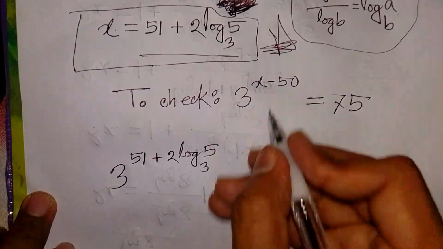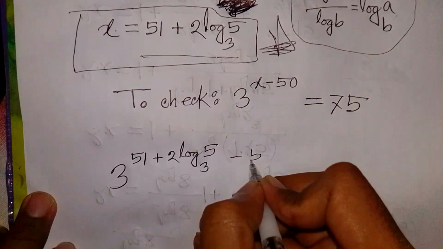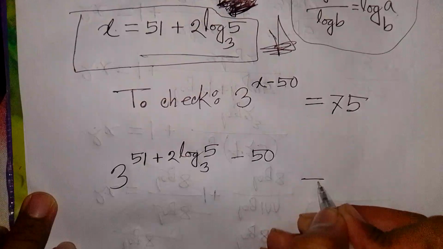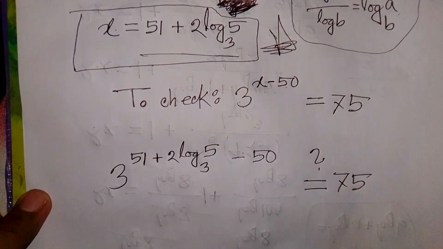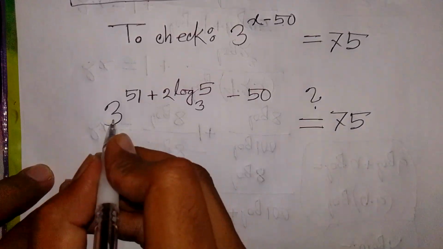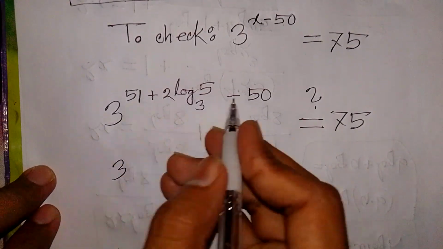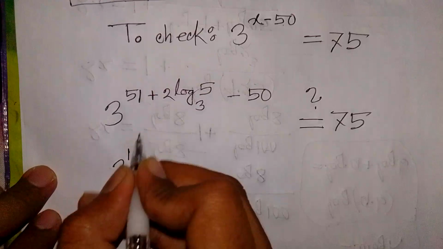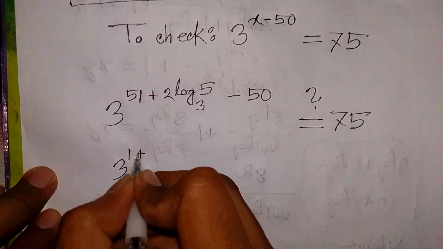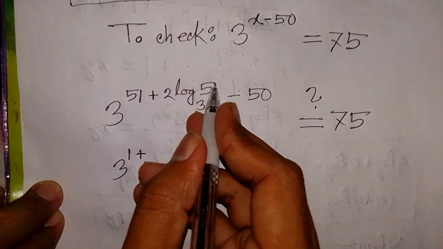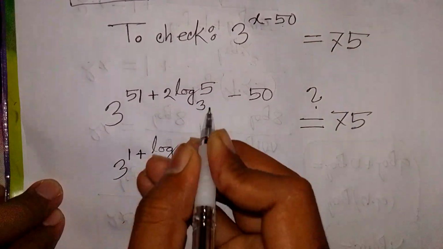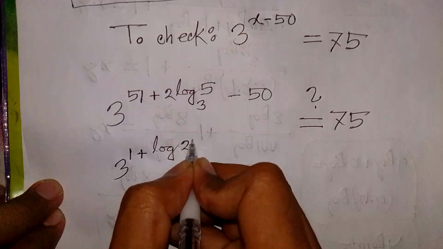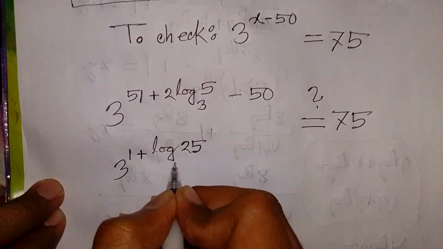Then here minus 50, is it equal to 75? Now we have 3 power of 51 minus 50, that means it will be 1 plus, this 2 will move to the power here. So 2 log 5 base 3 is the same as log 5 power 2, that means log 25 base 3.